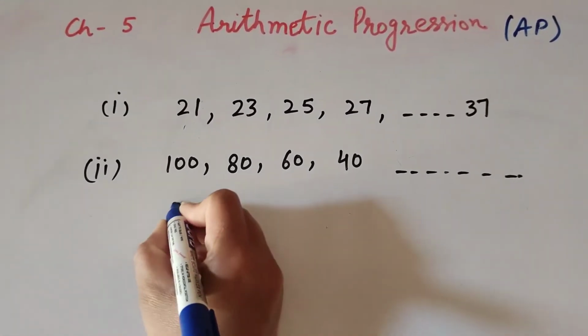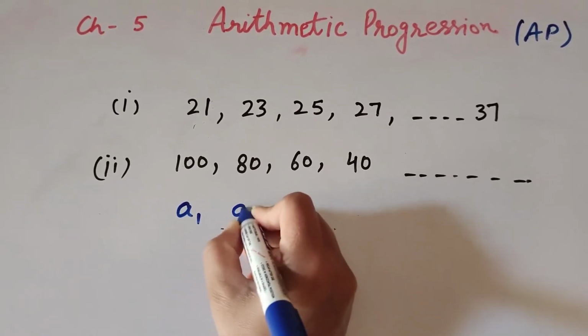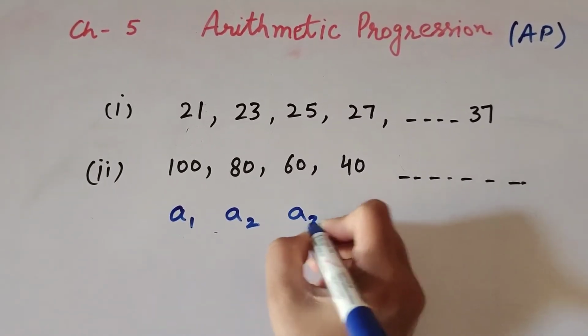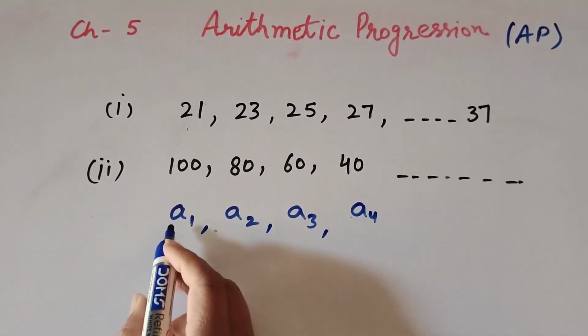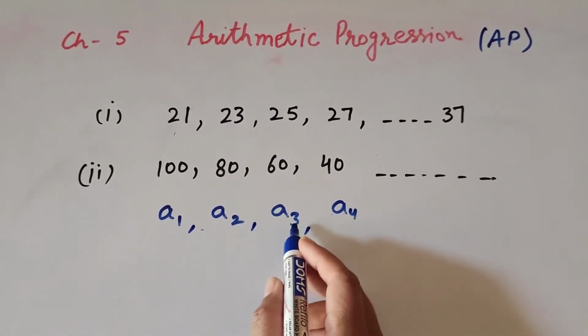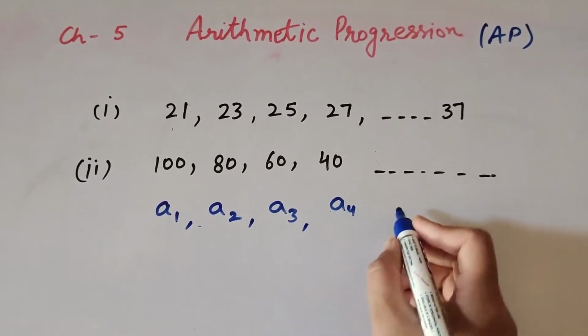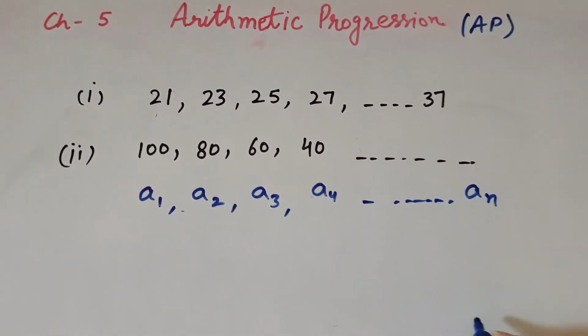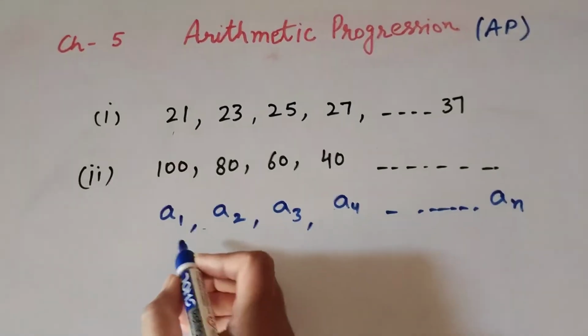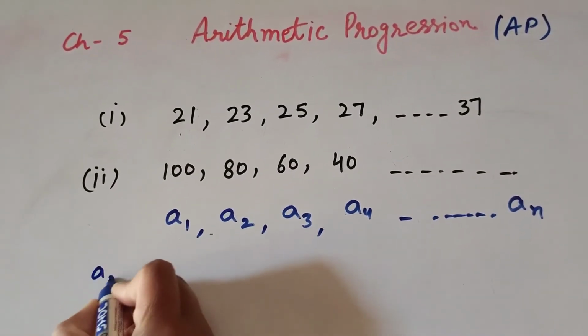So when we generalize, we write it as A1, A2, A3, A4. So these are A1 first term, A2 second term, A3 third term, A4 fourth term, and so on. AN is the nth term. So we find the difference between this series.